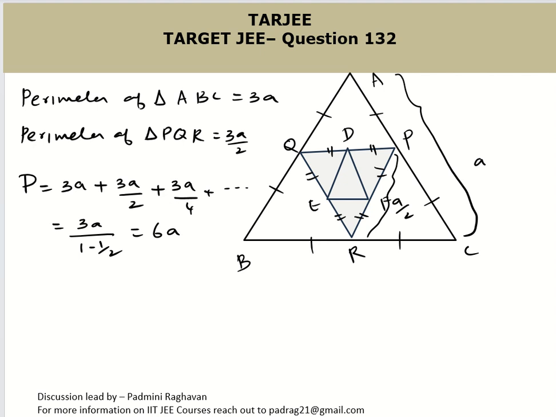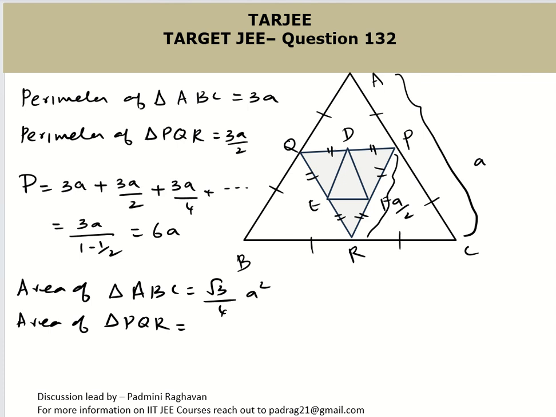Then they are talking about the sum of the areas of triangles. So area of triangle ABC: we know the area of an equilateral triangle is equal to root 3 by 4 into the square of the side. Then what is the area of triangle PQR? Triangle PQR will be root 3 by 4 into the side, which is A by 2, the whole square.